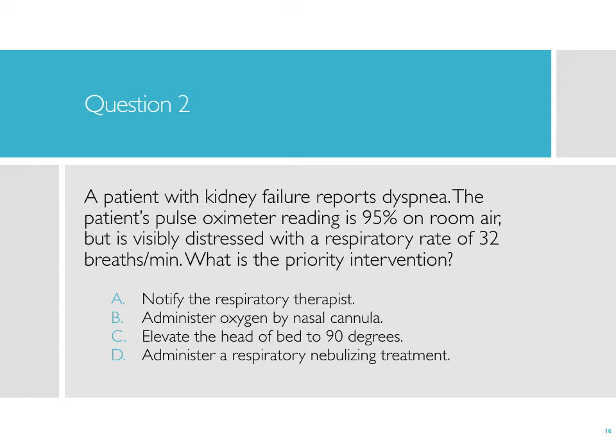Well, the respiratory therapist isn't going to be able to do much for them any more than you would be. So on this one, the answer is that we're going to do B, administer oxygen by nasal cannula. Patients that have kidney failure are anemic because they cannot produce the hormone erythropoietin.